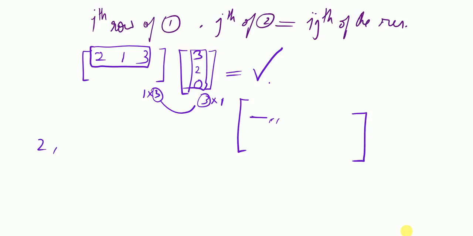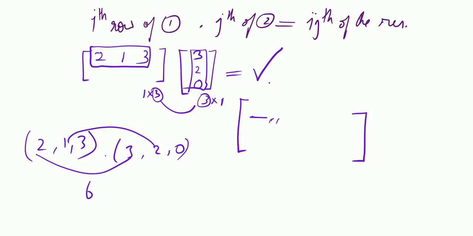So that would give you the ordered pairs as 2 1 3 and 3 2 0. So 3 times 2 is 6, plus 2, plus 0, which is 8. This is the first row and the first column of the resultant matrix, which is 8.